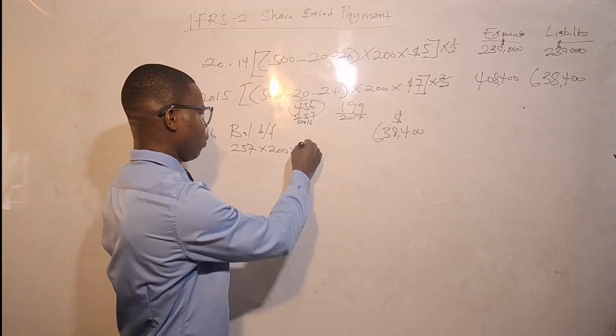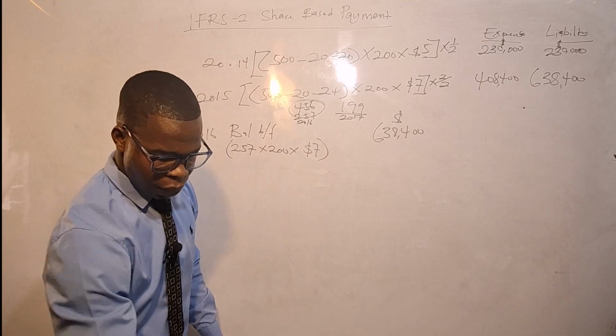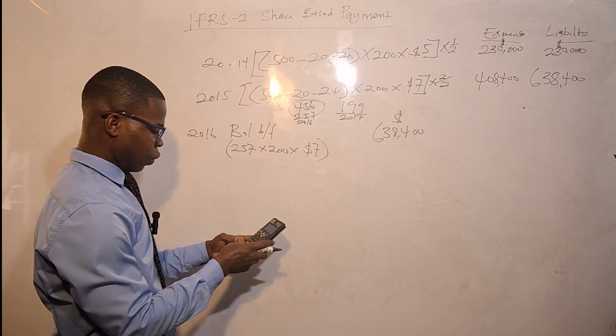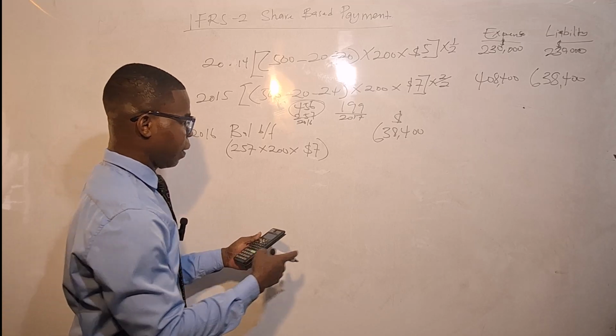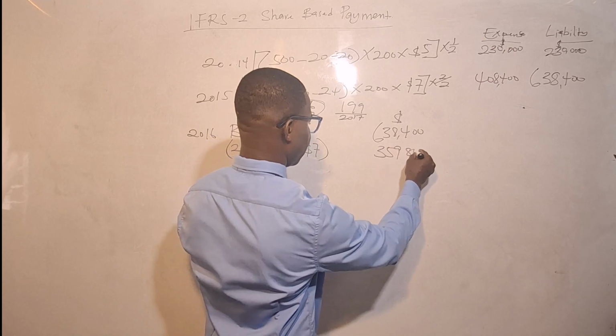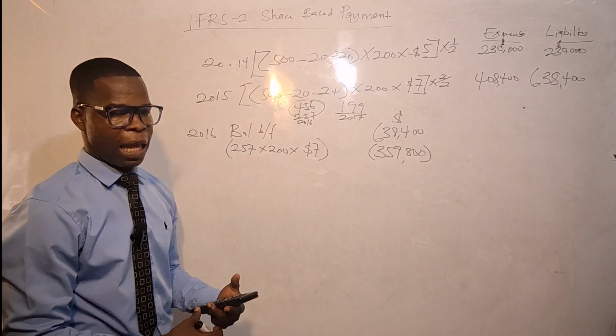If you do this, we are going to get 257 times 200 times 7, and that's going to give us 359,800. Since these ones are exercising their right, we need to lift it from the remaining liability.